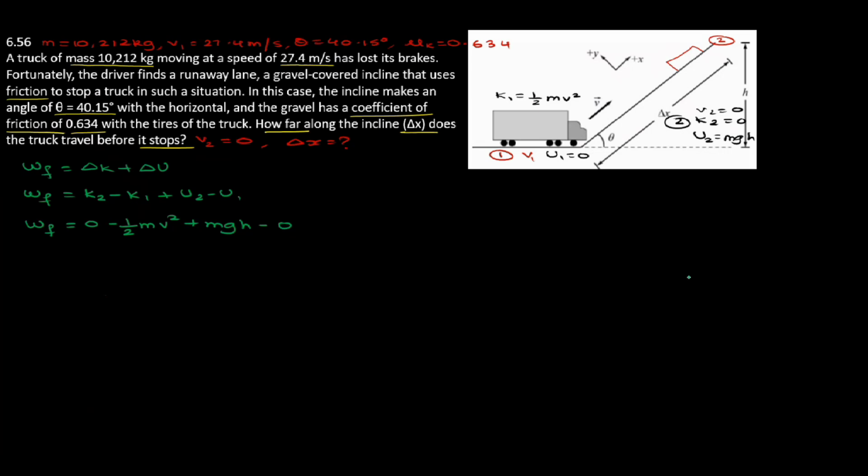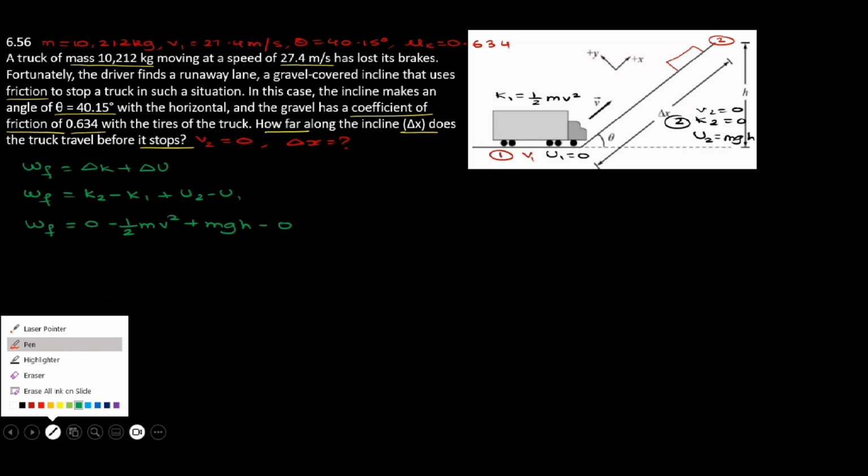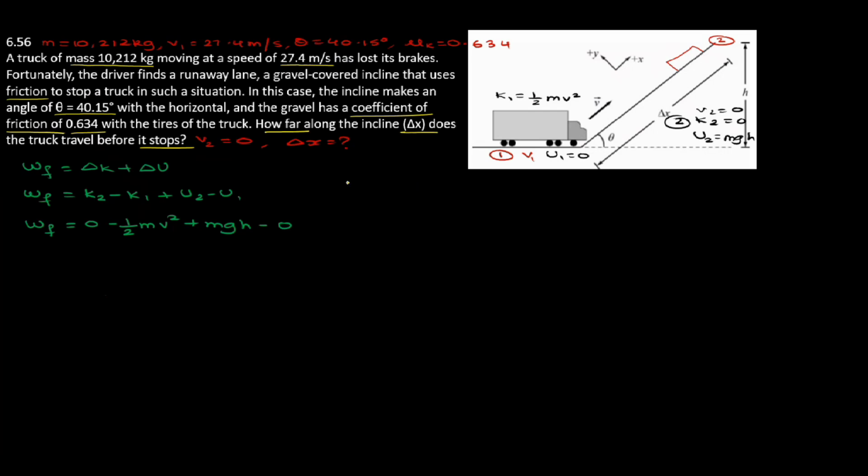Now work is defined as a product of force times displacement. And here the force that is doing the work is the force of friction. We know in case of friction, this force of friction always acts in direction opposite to my displacement. So if my truck were moving right, the force of friction will act left.